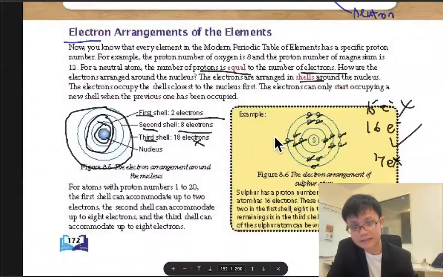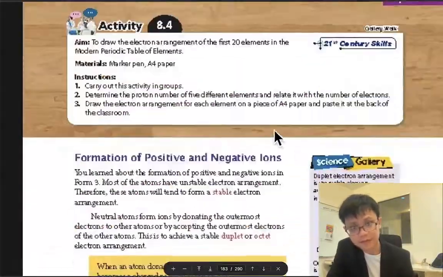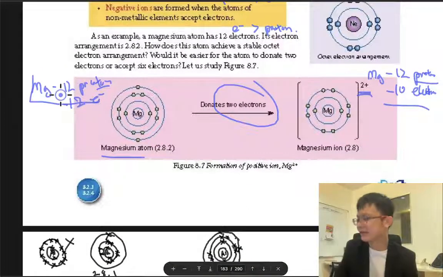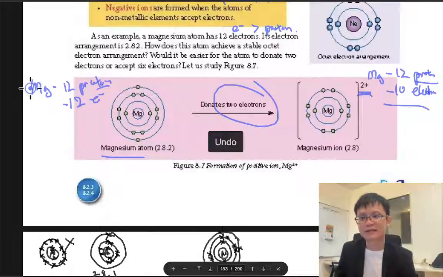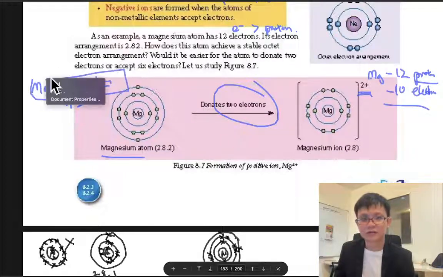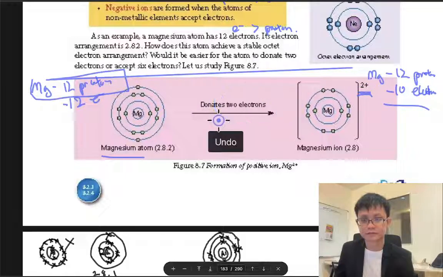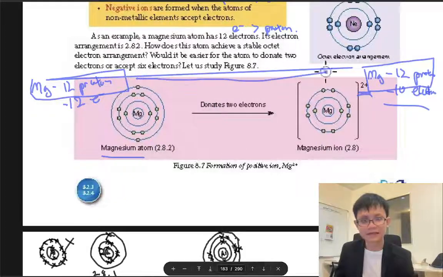So according to this example, magnesium, the proton is always the same. If you put 13, then it is not magnesium already, it will be another element. The element will change. So 12 protons will never ever change. This thing and this thing cannot change.